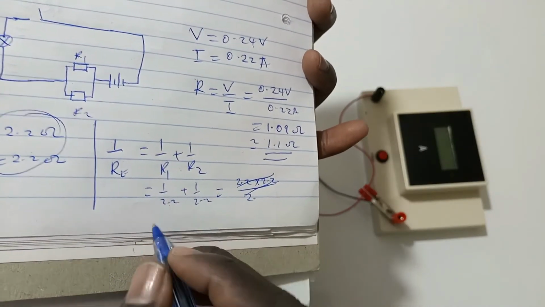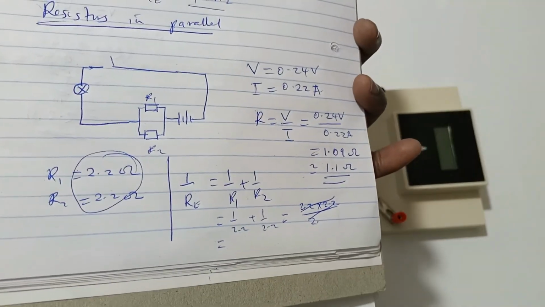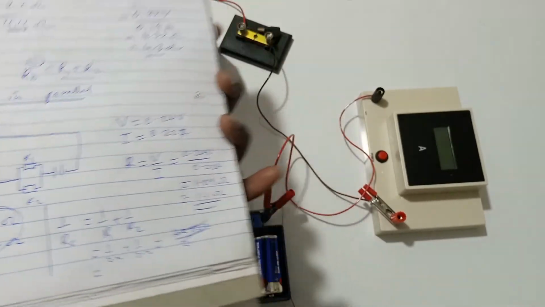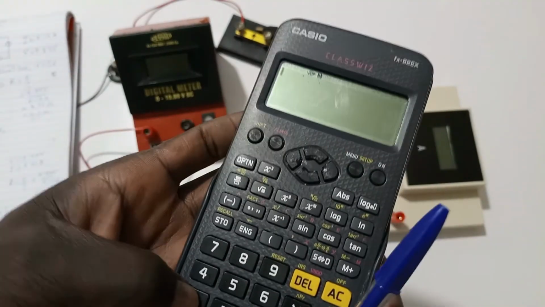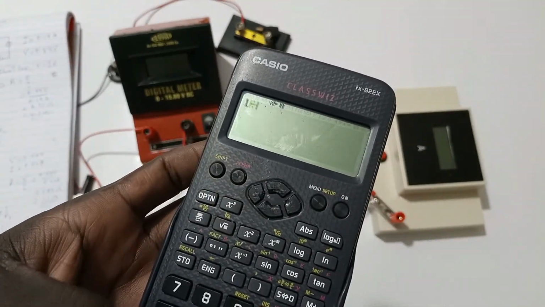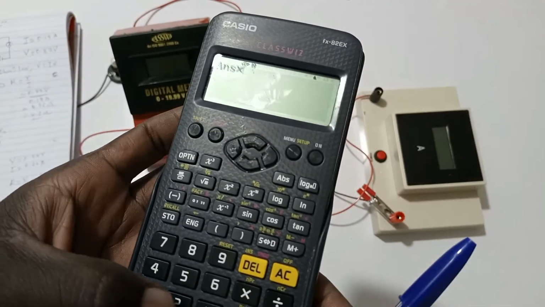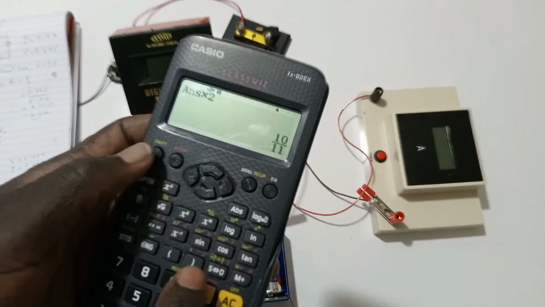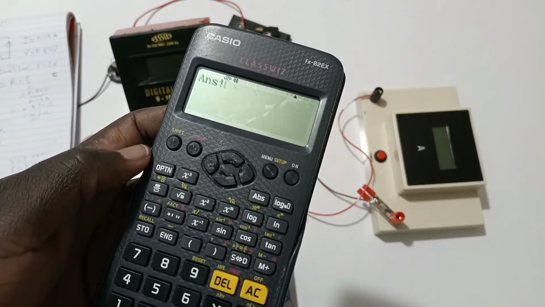Let me just use a calculator. So that is 1 divided by 2.2, I multiply by 2, then I find the reciprocal of the answer.